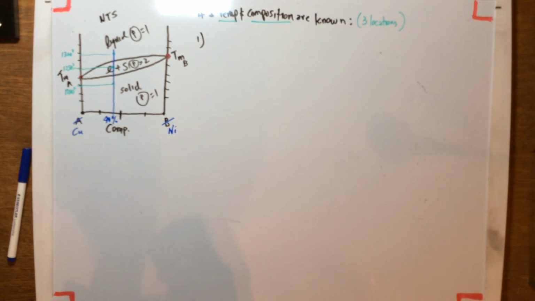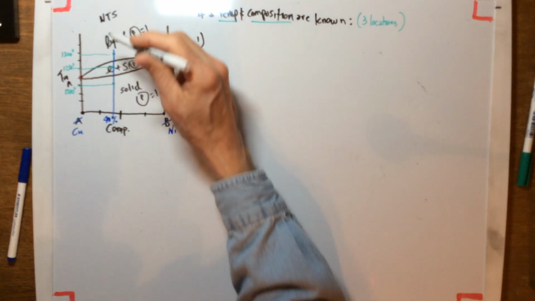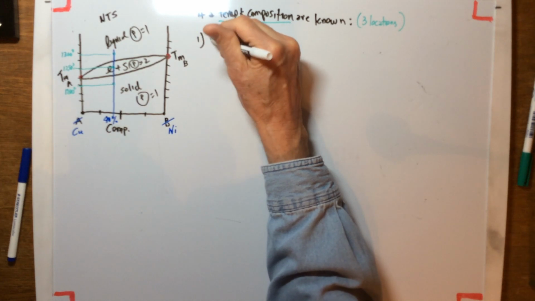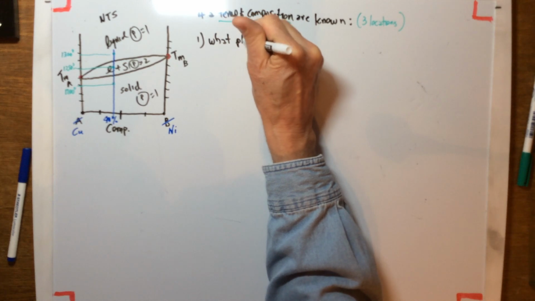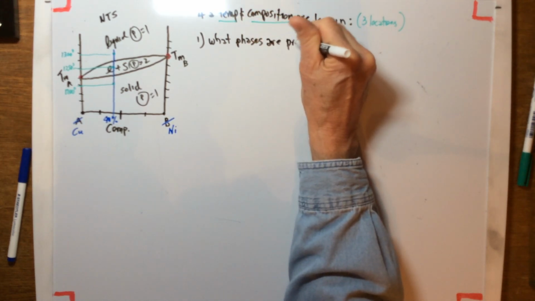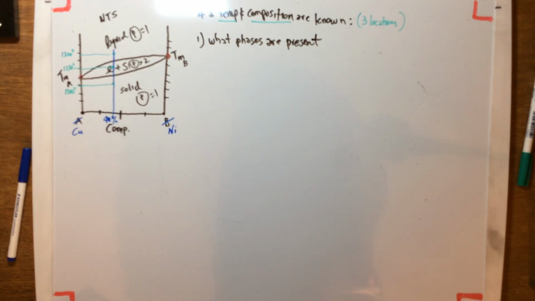All right. So if we know where we are on this with respect to the temperature and composition, we're going to be able to first determine what phases are present.